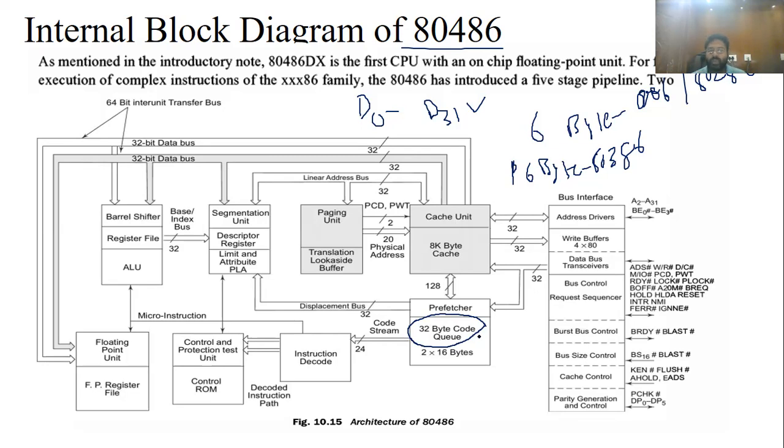If the queue size increases, the execution speed increases. Why? Because the microprocessor can gather a lot of instruction information from the memory at a time, store it, and get back to the CPU.